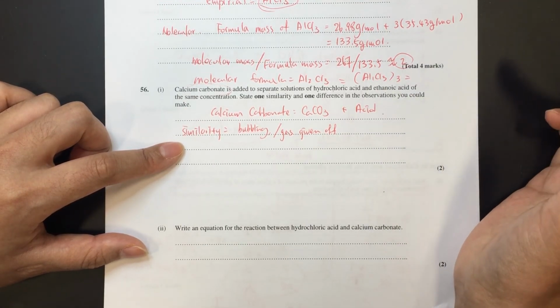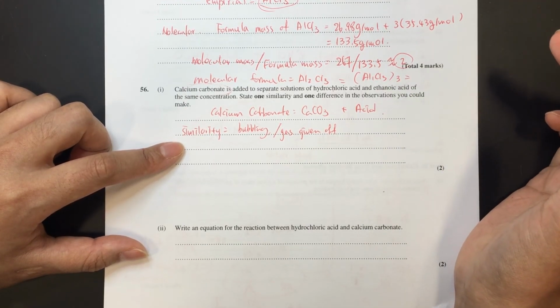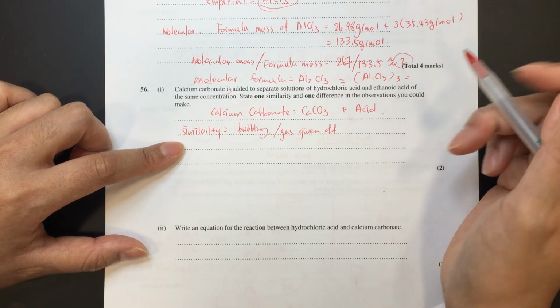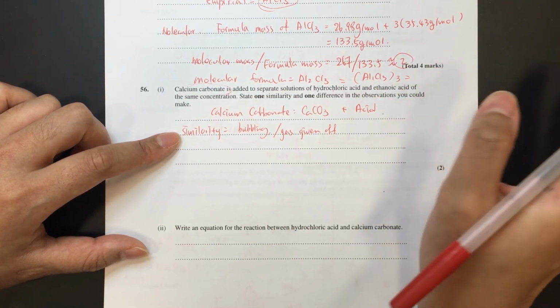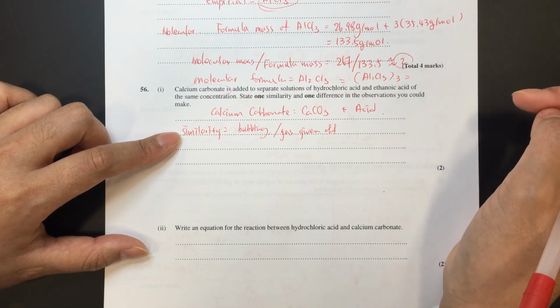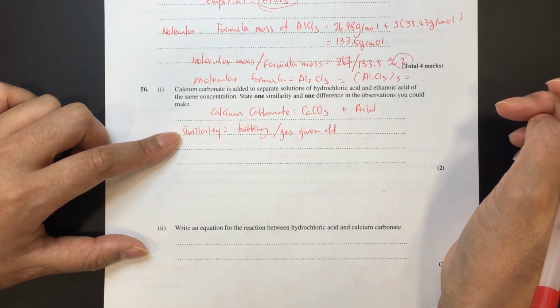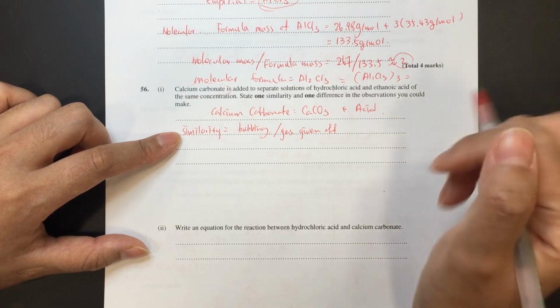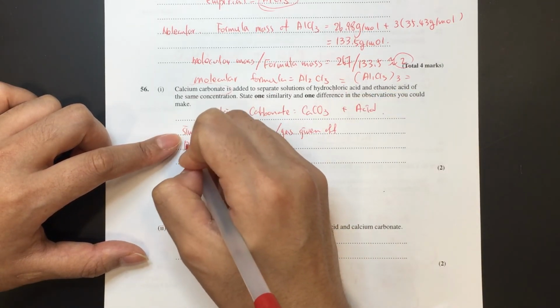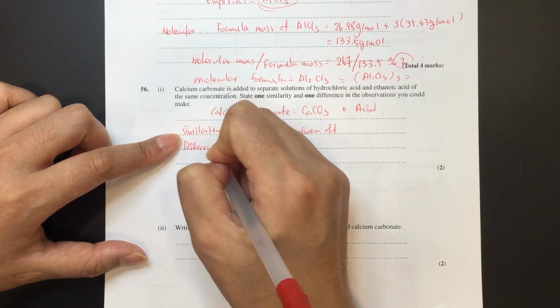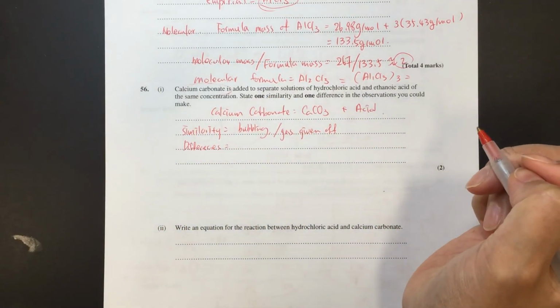You guys often think that when there's gas, you say just carbon dioxide, right? But in this case, never say carbon dioxide. Just say it's bubbling or gas given off, or you can even say you can see the calcium carbonate getting dissolved, okay? That's one similarity.